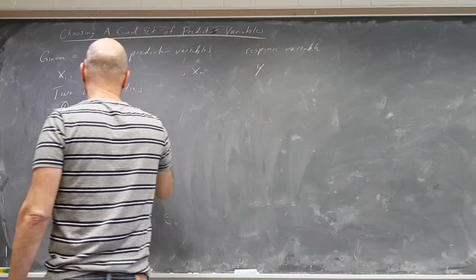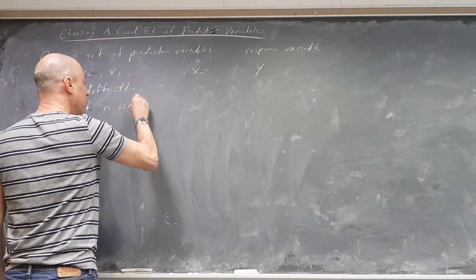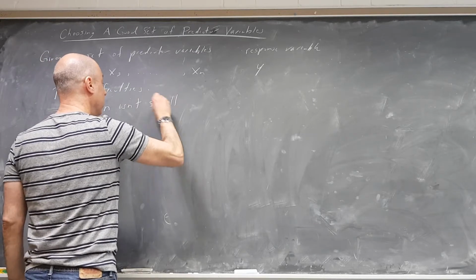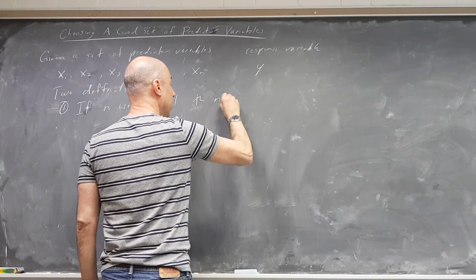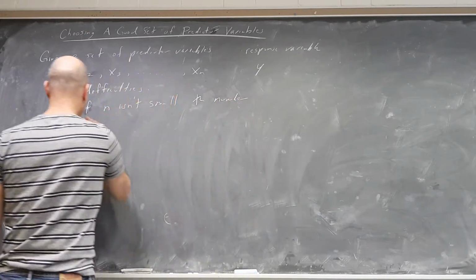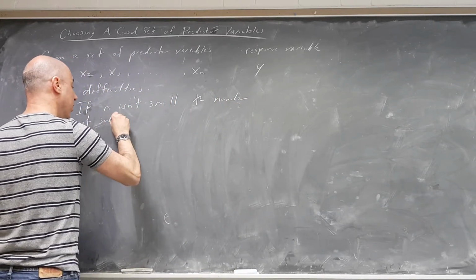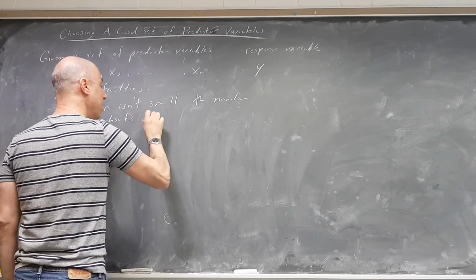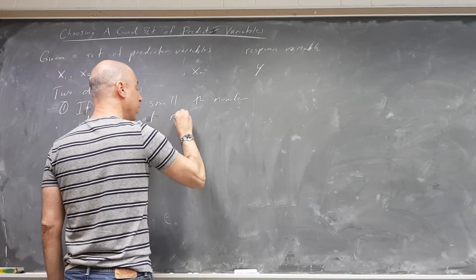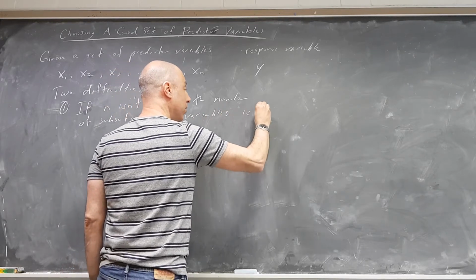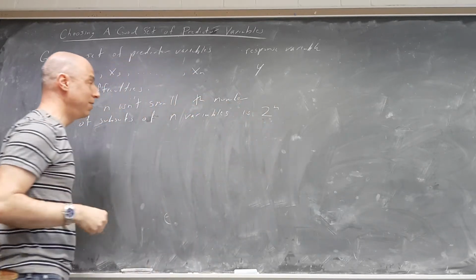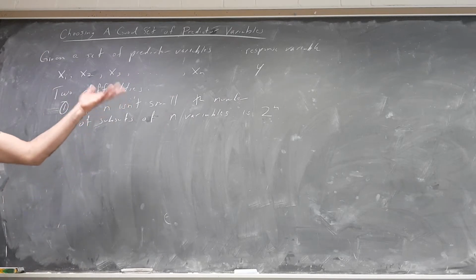If n isn't small, the number of subsets of the n predictor variables is 2 to the n. It's 2 to the n even if n is small, but if n isn't small, that's huge.